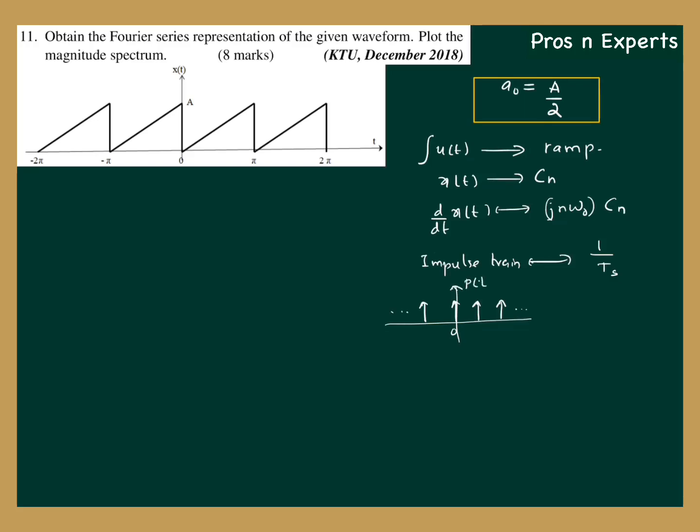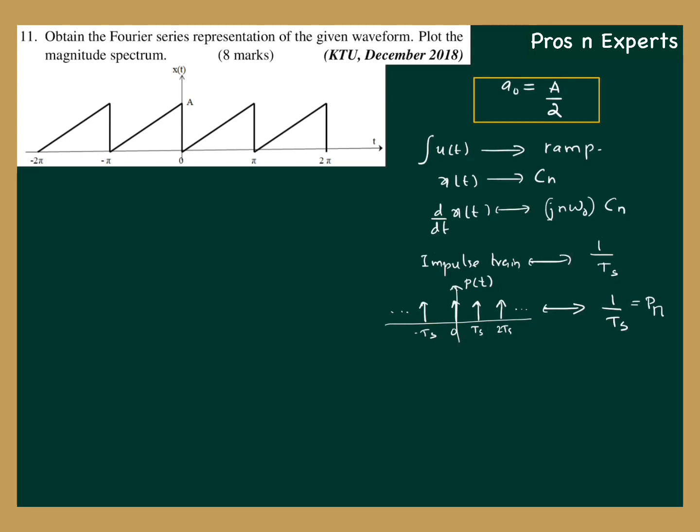So I am giving p of t as the impulse train. Ts is the time period. Then if you take the Fourier series of this periodic signal, you will get 1 by Ts. Okay, p of k, or I can call it pn. We are giving n everywhere. So pn is 1 by Ts.